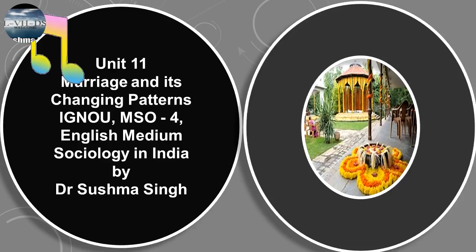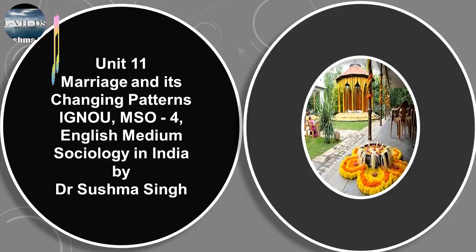Now the next point is marriage and status. We find that in most societies, so also in India, wedding rituals and ceremonies involve both material as well as non-material transactions between the bride giver and the bride taker. Such transactions reflect the social structure of the concerned society.